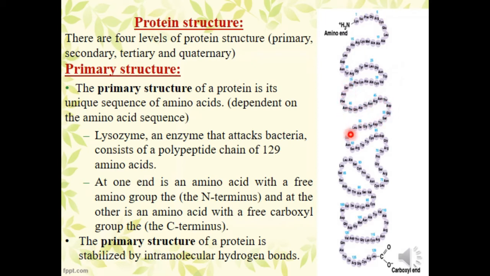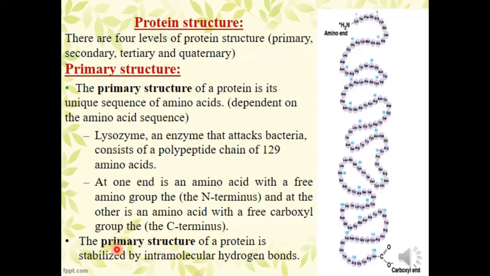You will have one carboxyl end and one amino end, the C terminus and the N terminus. Just a straight chain. An example is the lysozyme enzyme. This enzyme is an example of primary structure of protein.